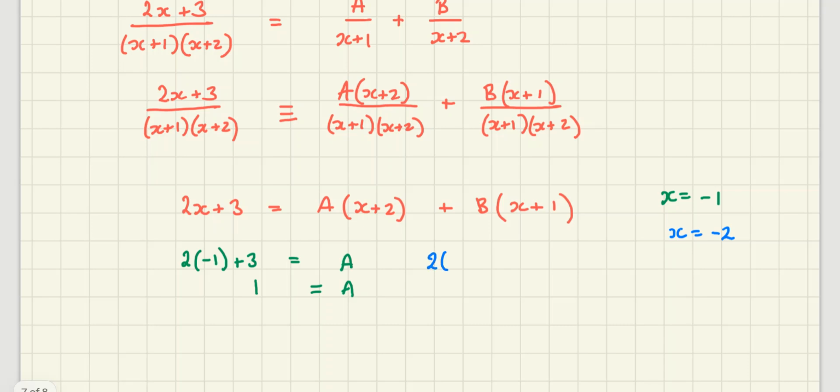So now I've got 2 times negative 2 plus 3 equals b times negative 2 plus 1, which is minus 1, so it's minus b. So that's minus 4 plus 3, so minus 1 is minus b, which means b is 1.